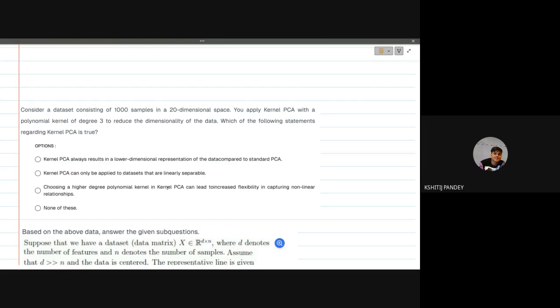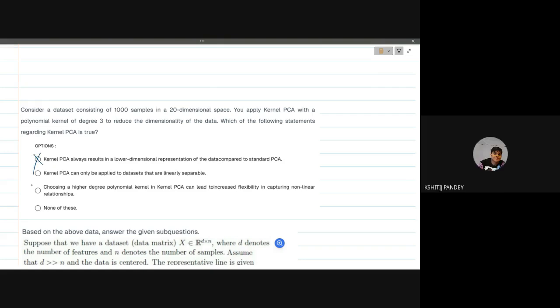You have, let's say, data in R2, you transform it to R6 to capture the relationship and then reduce it to R3. So not always are you doing dimensionality reduction compared to the original data set, correct? So is this option correct or not? That's wrong.